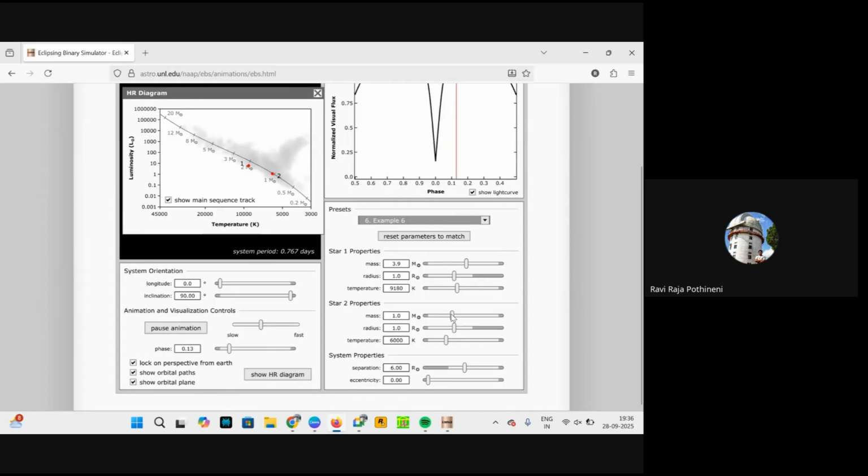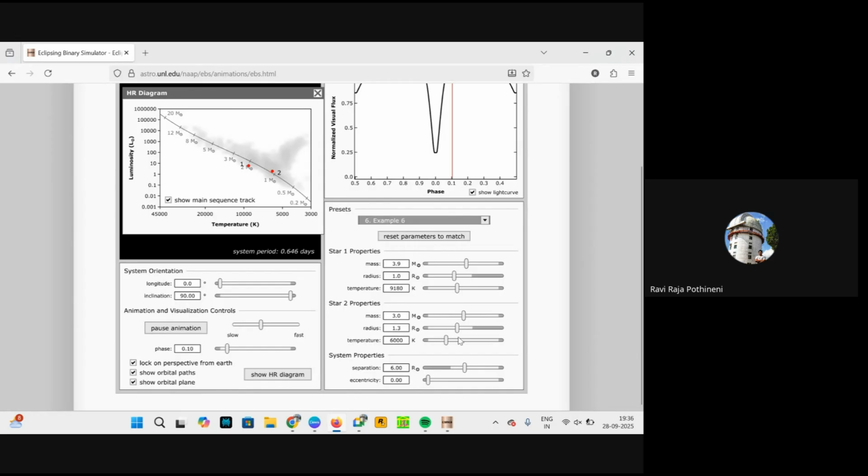So now I will show you. See here. Can you see how the second star got shifted from the main strip? Whatever line you are seeing here indicates that these stars are still burning hydrogen.